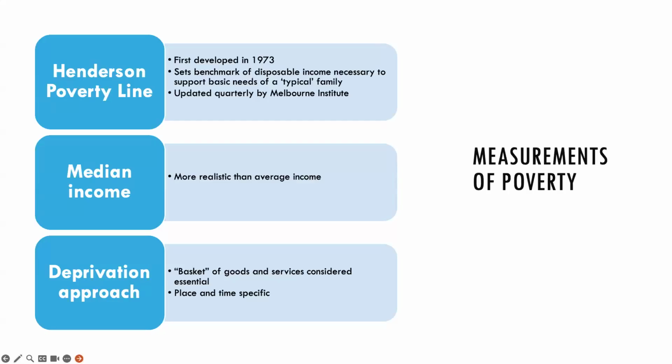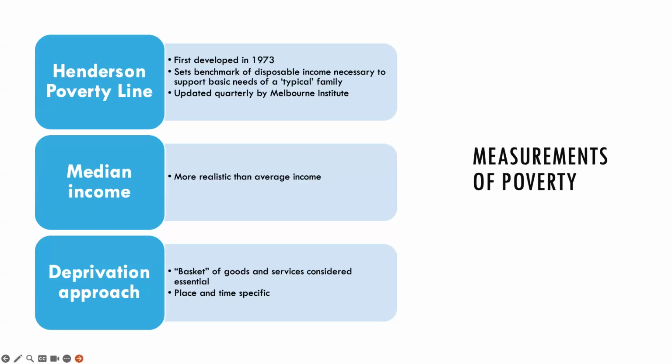So the other one is the median income, which is all about reflecting the midpoint of income distribution in society. Unlike the mean or the average poverty line, which can be skewed by extremely high income, median income offers a more realistic representation of income support and is often used to identify those falling below these income lines.